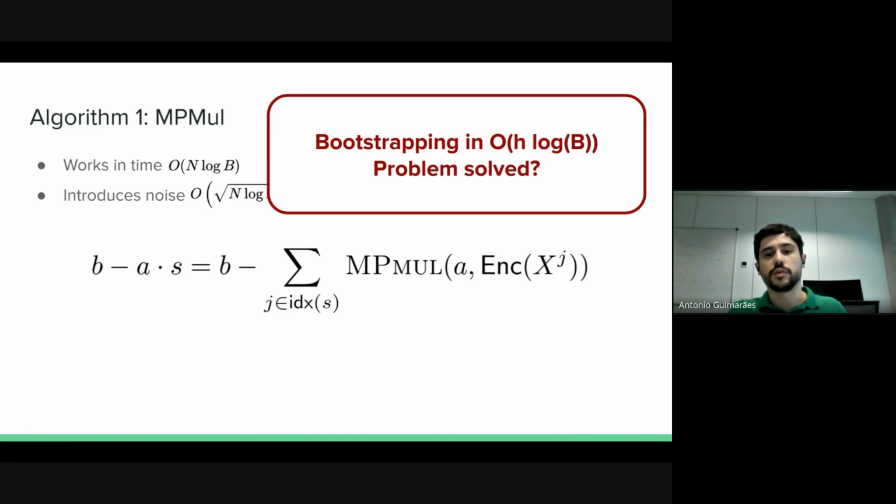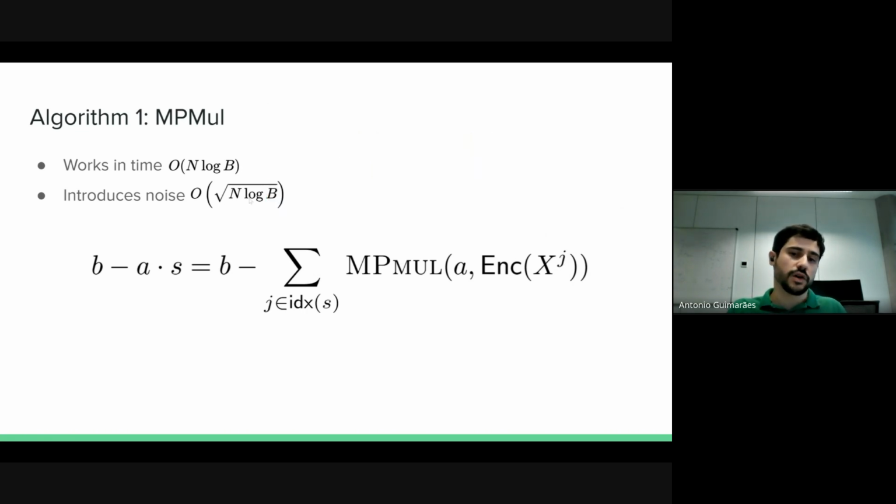Essentially, we would have a bootstrapping that runs in time h log b, where b is a bound for the size, for the value of j. In terms of noise, this is the noise per MP-move, so it would be h times this, which is linear or quasi-linear in the security level, and that is also okay.